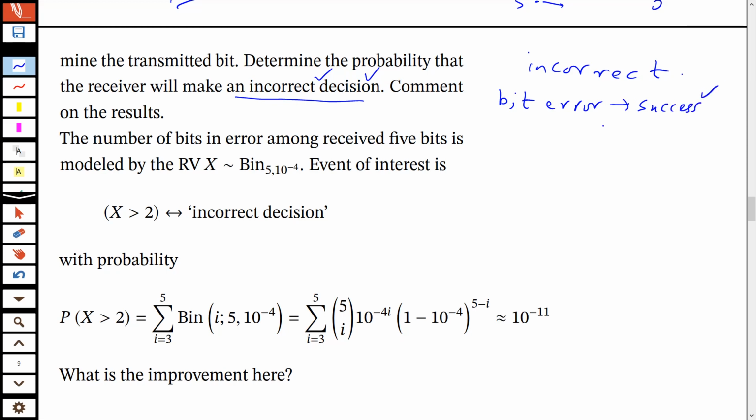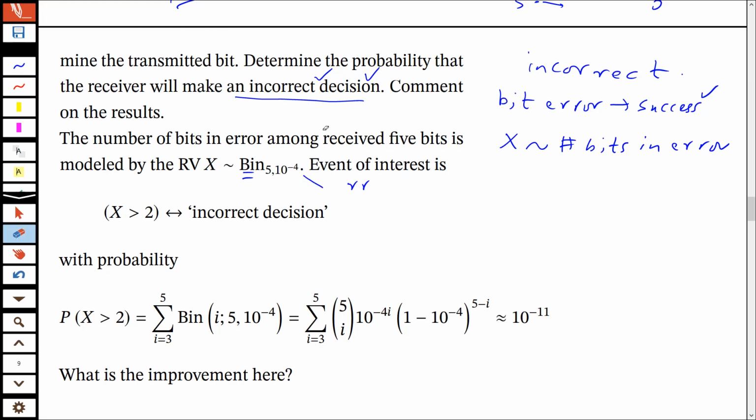I want to assign 1 to that so that I can count it. So if x is now the number of bits in error out of those 5, of course that will be binomially distributed, 5 trials, because you are sending it 5 times, and p is the probability of success. That was the error rate. And error for us is the success.